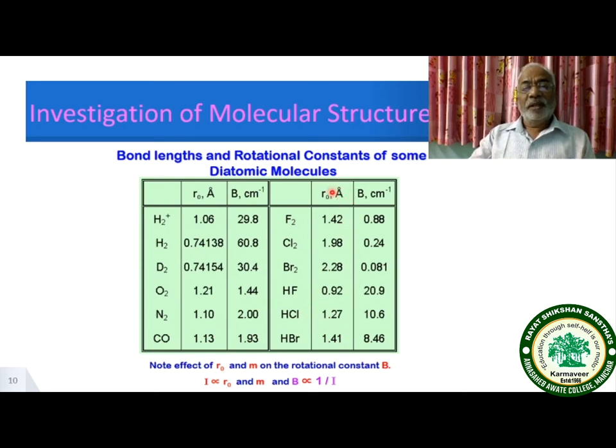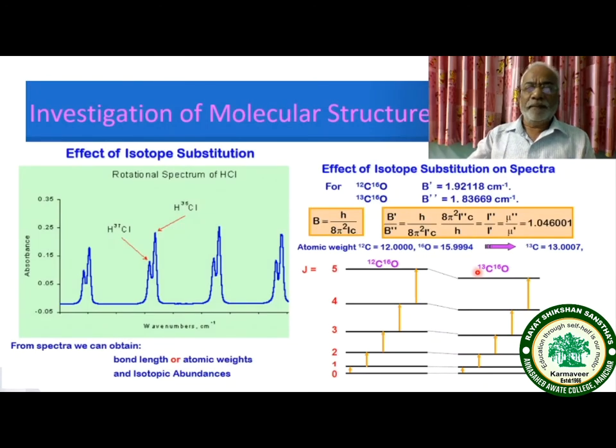Angstrom means 10 to the minus 8 centimeters, or 10 to the minus 10 meters. So in this way, the evaluation of bond distances can be done here. Now, how this particular spectroscopic technique is found to be useful for another evaluation that we consider here, and that is the effect of isotope substitution.